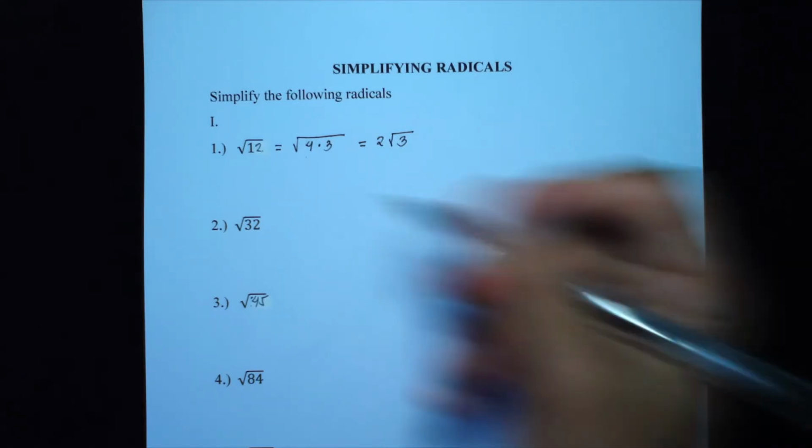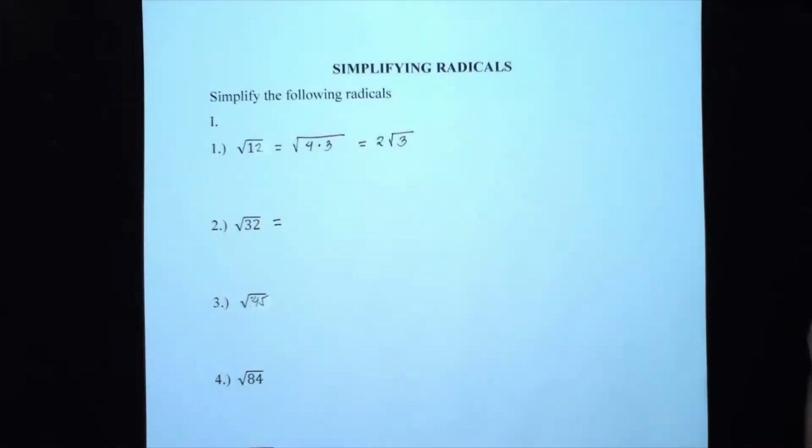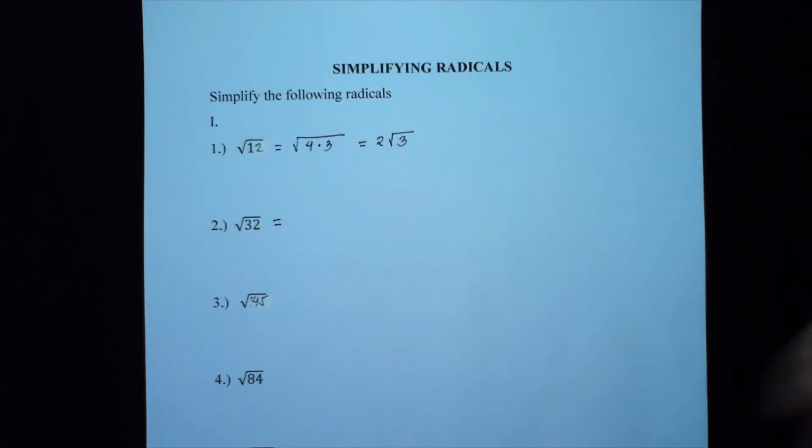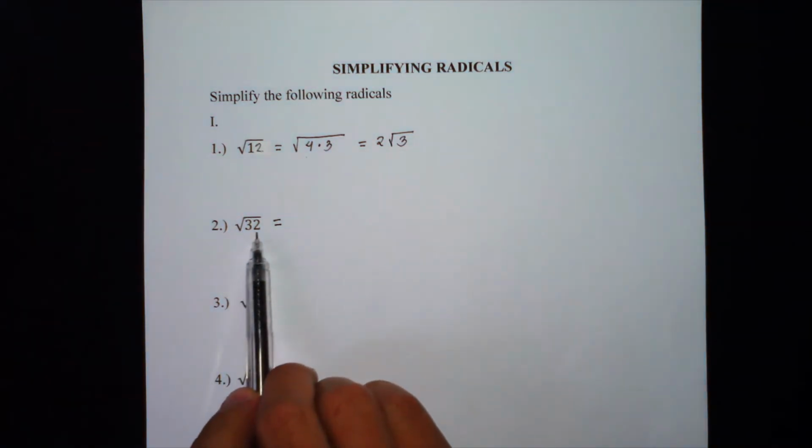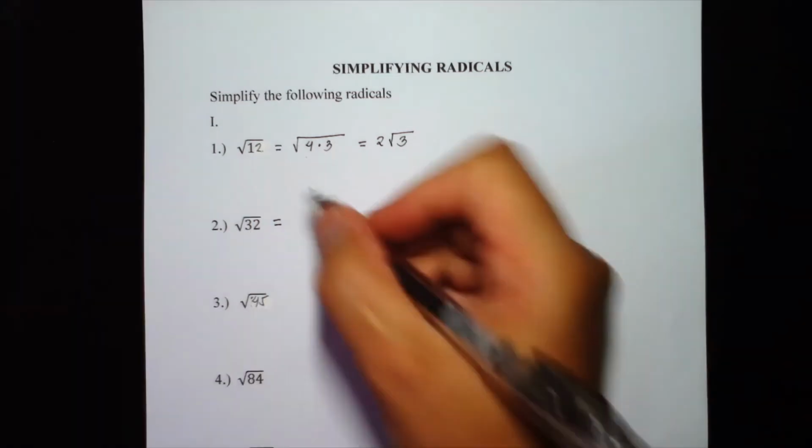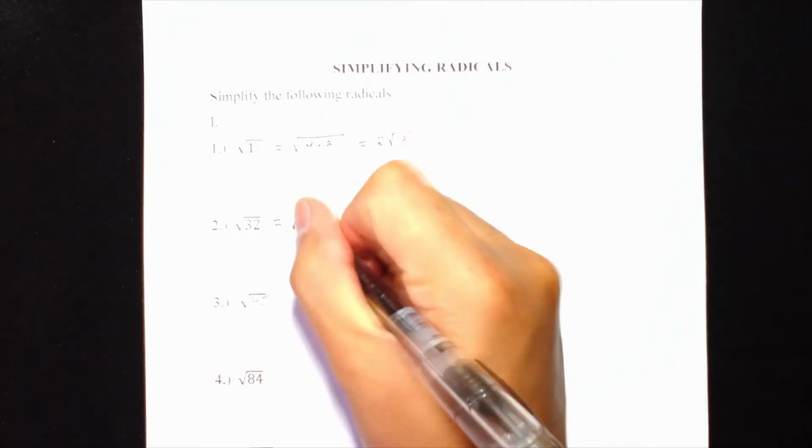Next, let's have example number 2. Still the same process. Think of two numbers whose product is 32, but remember that one of the two numbers is a perfect square. So the two numbers with a product of 32 are 16 times 2.